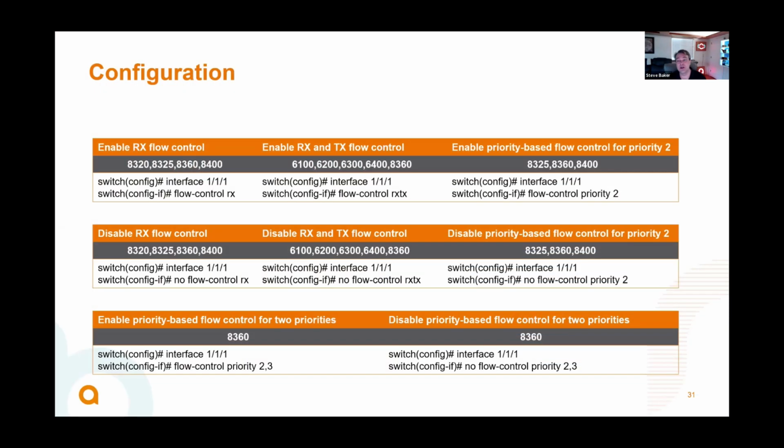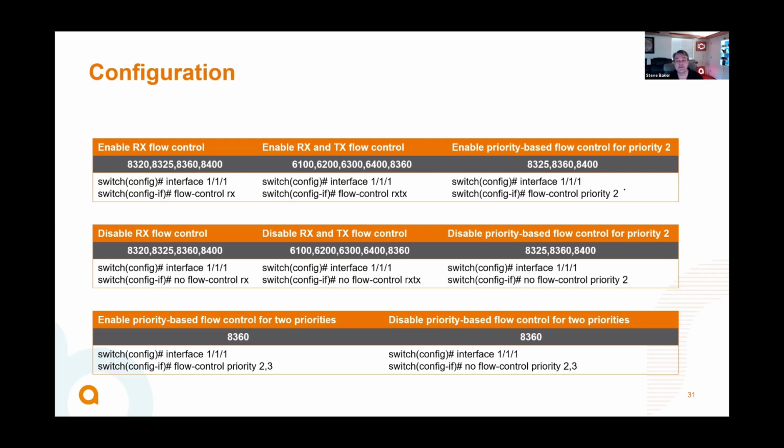So we can actually take a look at this link level flow control. So of course, on the 8325 and 8360, we can enable flow control at the interface level, receive flow control. Of course, if we want to do the receive and transmit, we would do the RX-TX. And then for priority-based flow control, you would be applying that configuration to a priority.